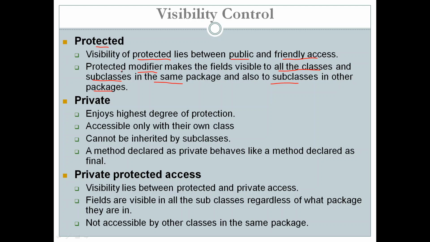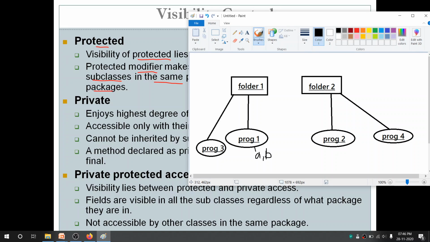The protected modifier makes the field visible to all the classes and subclasses in the same package, and also to the subclasses in other packages. That simply means if these two fields are protected, they are accessible in the same package, meaning the same folder, whether it is a subclass or non-subclass.